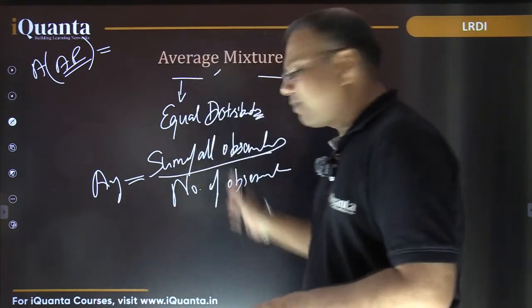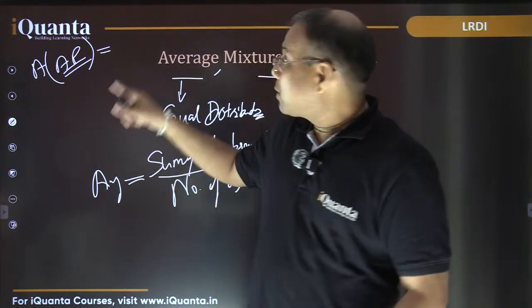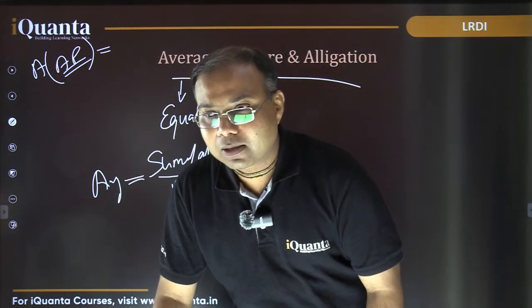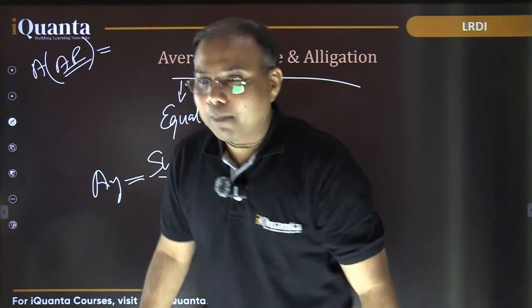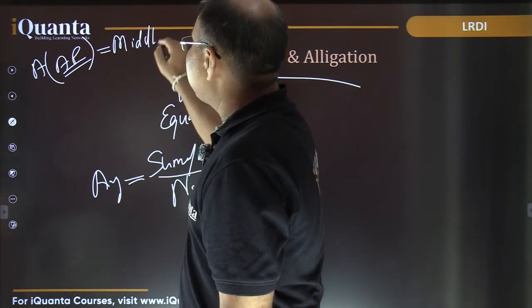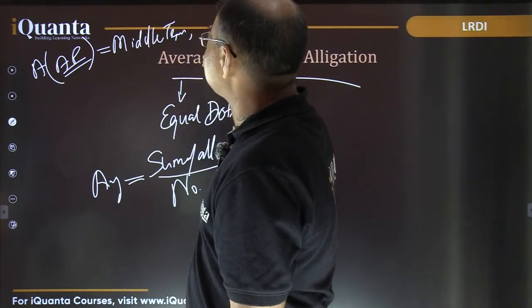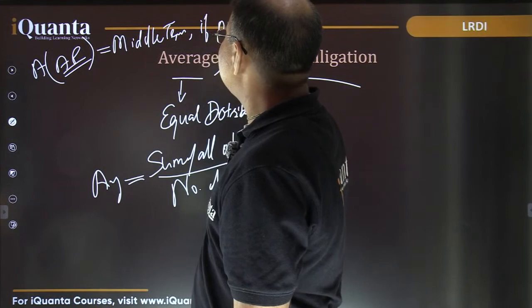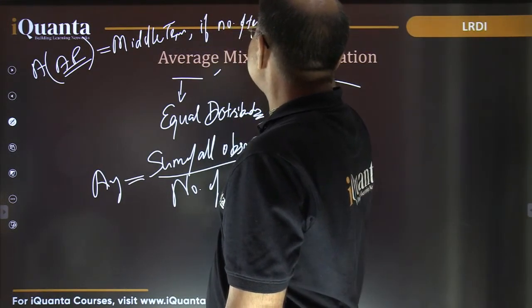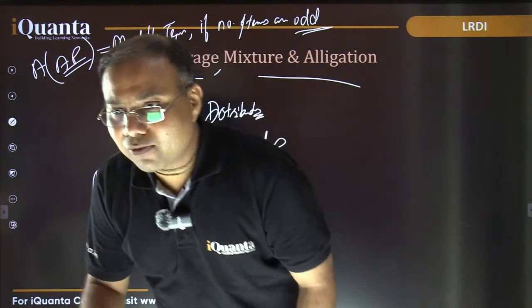Yes, that thing will be valid here also, but is there any specific way to find the average of an AP? Some may be saying the middle term, but that will be true only if the number of terms is odd. If that is not the case, then is there any other way?